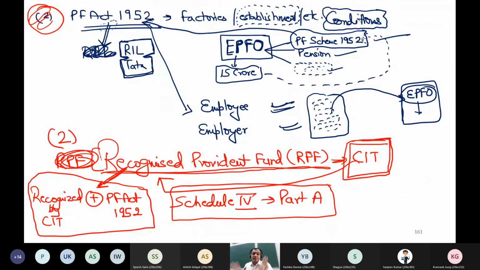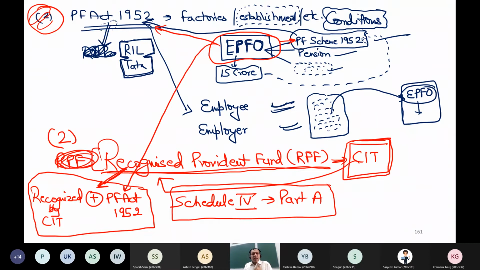That's it. So that means now you can say that if the Employees Provident Fund Organization is managing this provident fund, which is covered under PF Act 1952, that is by default recognized. Why? Because every provident fund which is managed as per PF Act 1952 is by default known as recognized provident fund for the purpose of Income Tax Act.